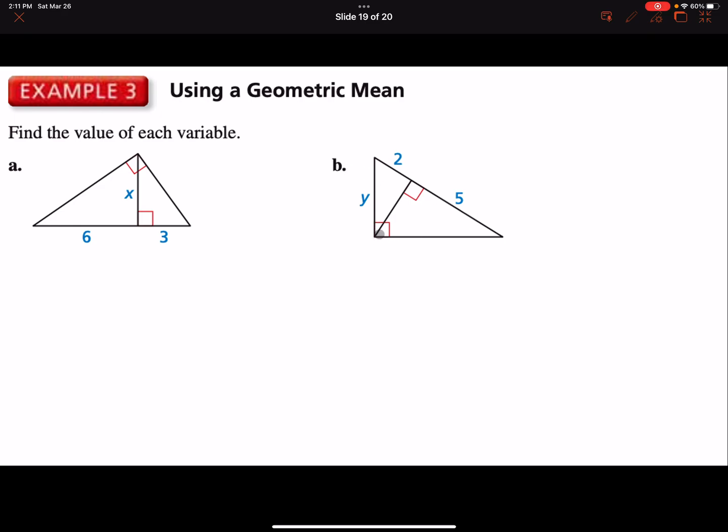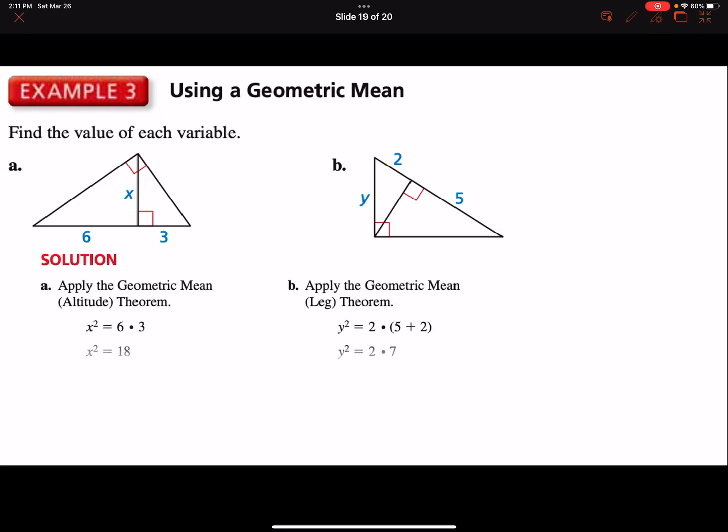So if I want to find this small leg, the first thing I need to identify, besides the hypotenuse, is what is my adjacent segment? Well, the adjacent segment of the hypotenuse is 2. So now I'm going to find the geometric mean between 2 and the hypotenuse, which is 7. So 2 times 7 equals y squared. And if I do that, y equals the square root of 14.